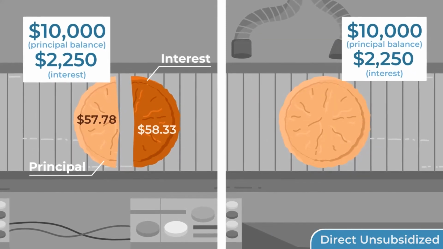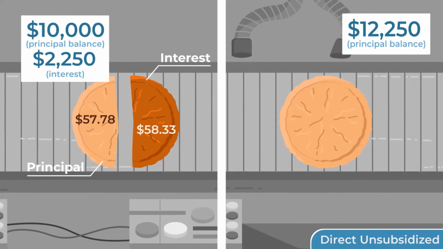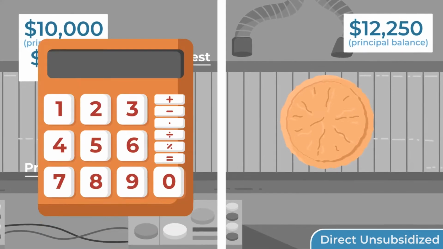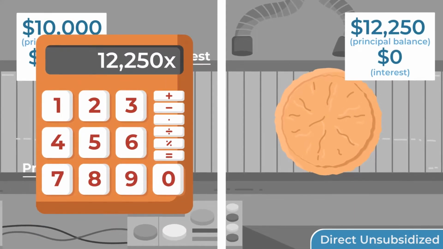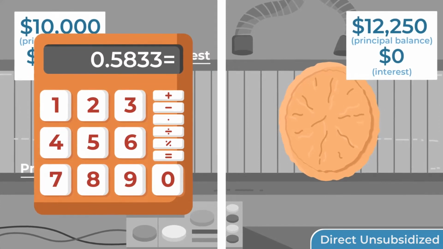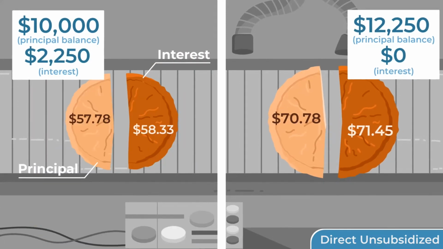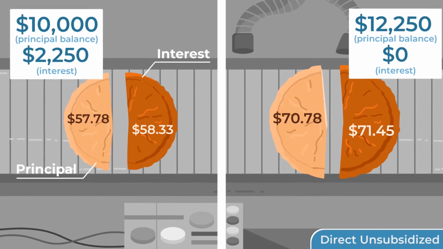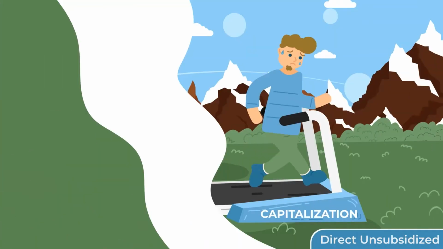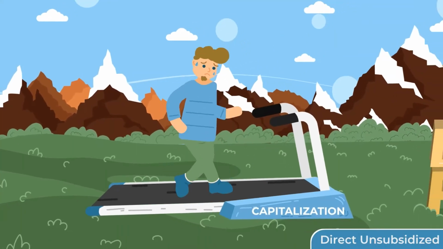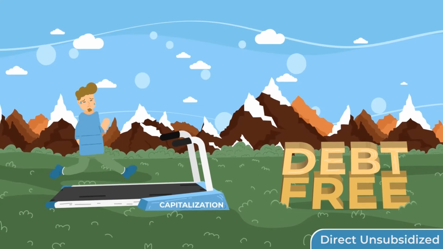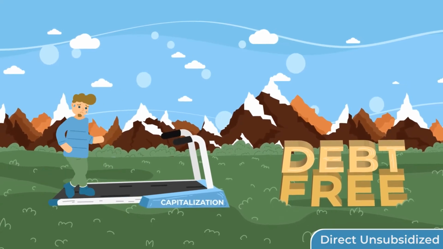But if that $2,250 of interest was capitalized, your principal balance now becomes $12,250, and the next month you'll owe $71.45 in new interest instead. Capitalization is essentially working backwards, moving you further and further away from actually paying off your student loans.